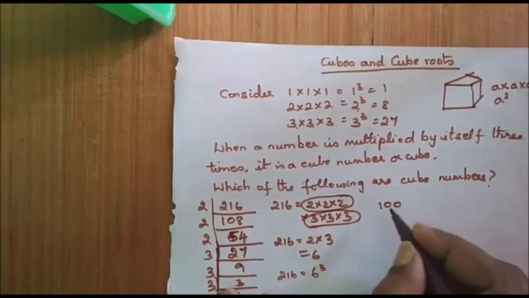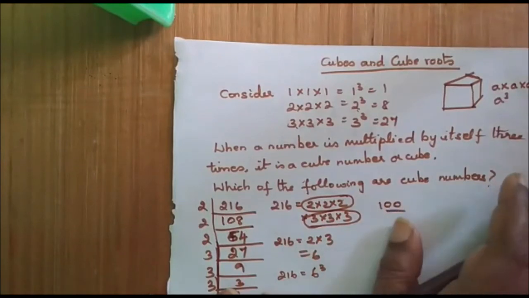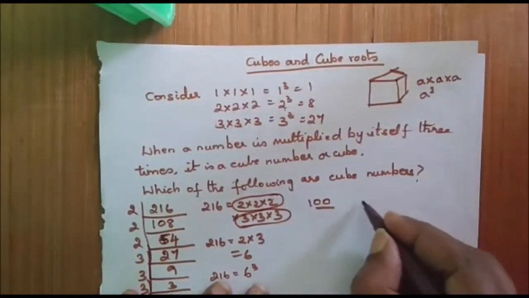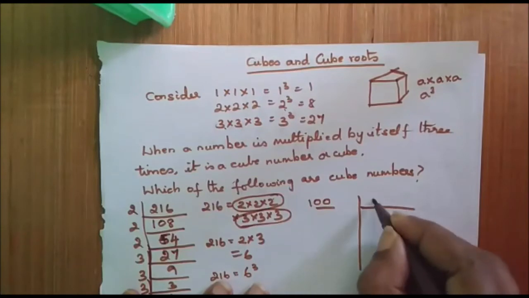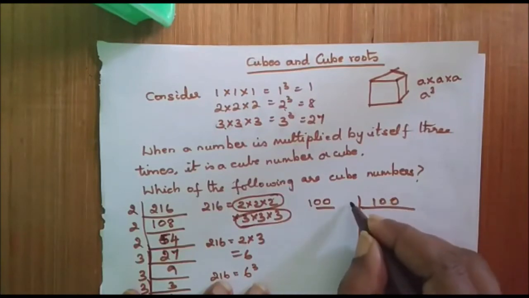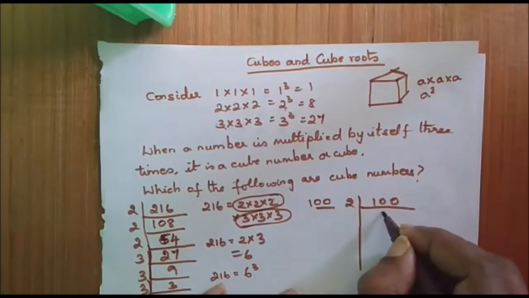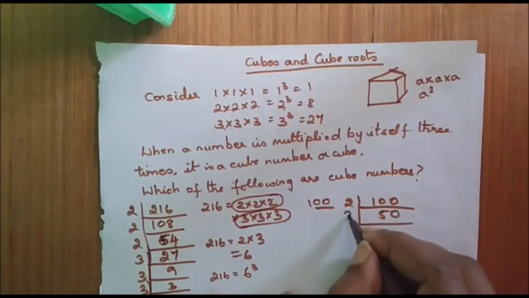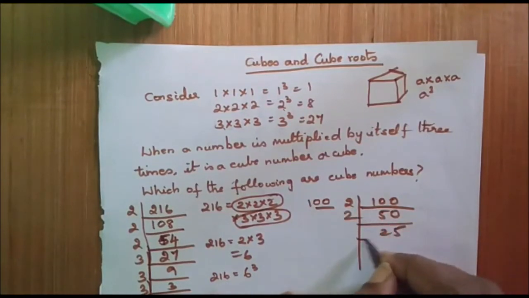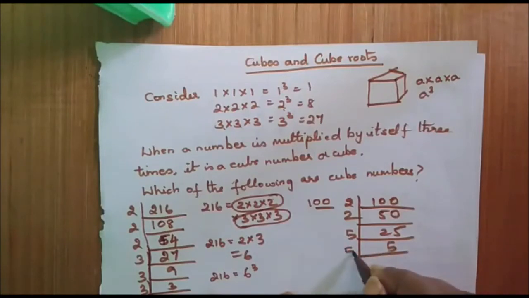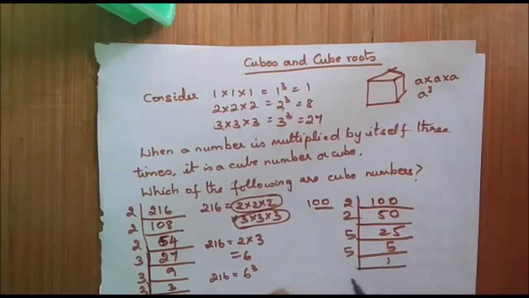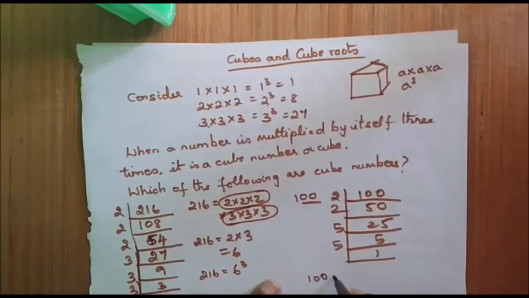Similarly, let us check for 100. Now let me find by using prime factorization if 100 is a cube number. It goes in 2, 50, then 25, then 5 goes in this 5 times, and it goes in this 1 time. So 100 is written as 2 into 2 into 5 into 5.